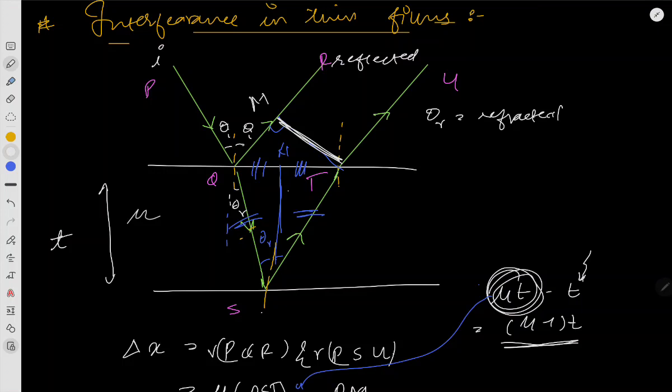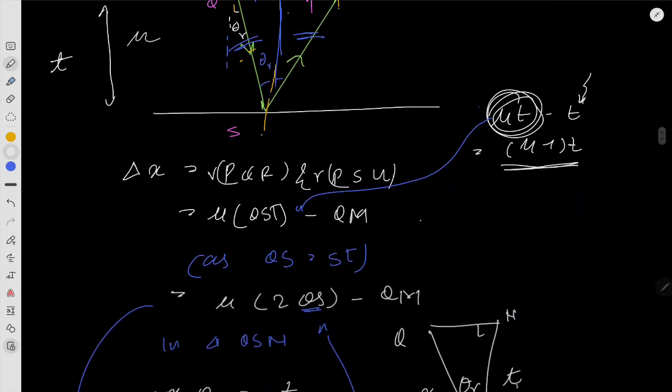This is our theta I, we know it. So this angle would be 90 minus theta I, and as the other angle is 90, this angle would be theta I.